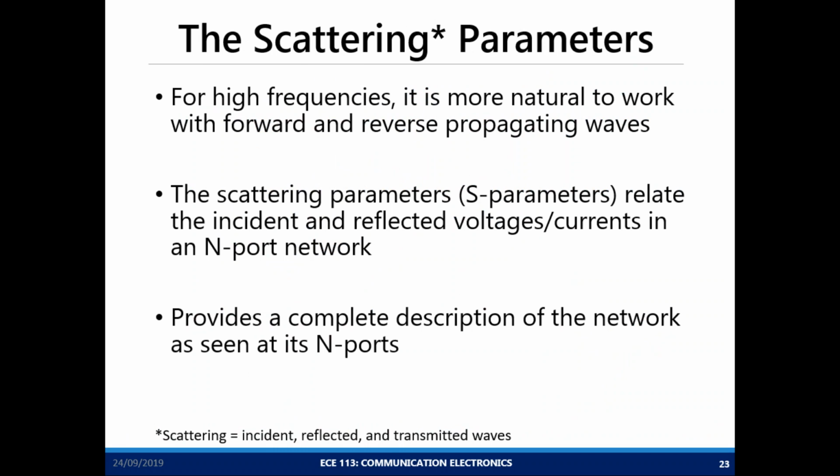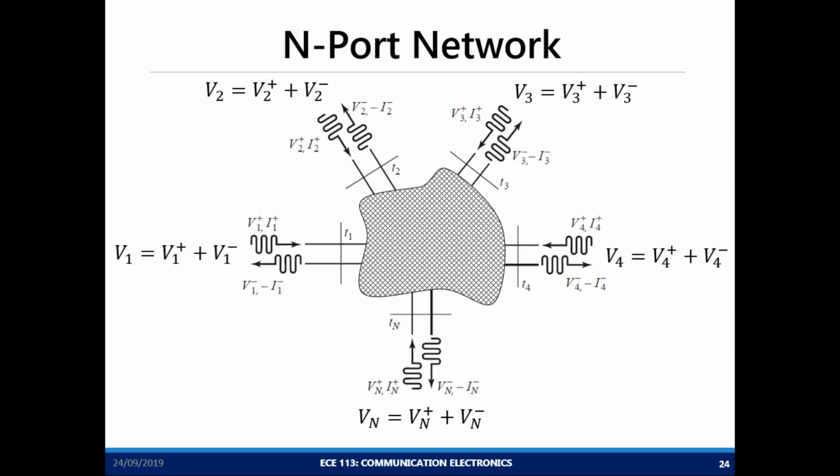At high frequencies, this is actually the best way to represent your N-port network because it deals with a voltage wave going inside the network and the voltage wave going out of the network. So this is your N-port network. Again, any input going inside will be scattered around at the different exits of your network, and it could also go back to where it came from.